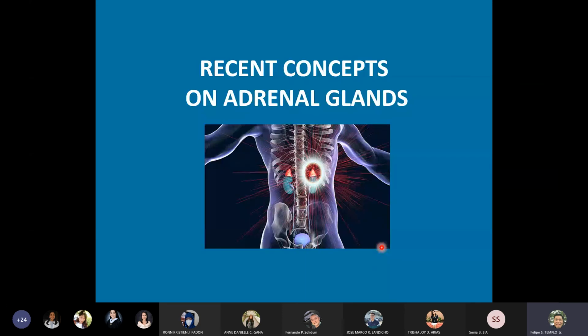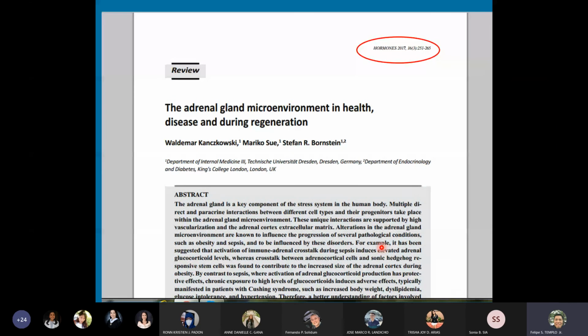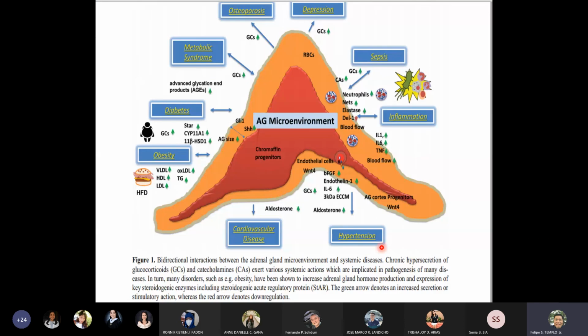So briefly, this is the last one of the last slides, just a discussion of your adrenal concept. Your adrenal gland is very central to your different diseases. Depression, because cortisol can impede your serotonin production.